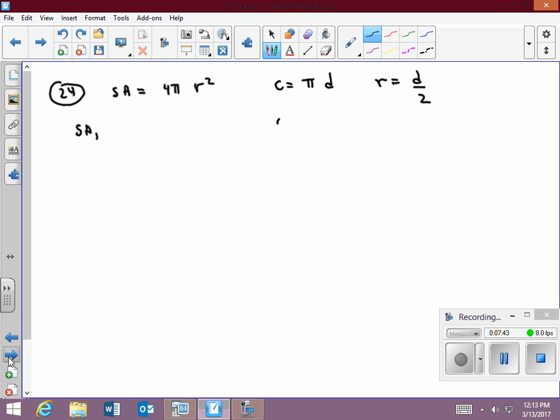So 6 pi equals pi times the diameter. So the diameter is equal to 6. And that means its radius is 6 over 2. So the surface area of this one is 4 pi 3 squared.